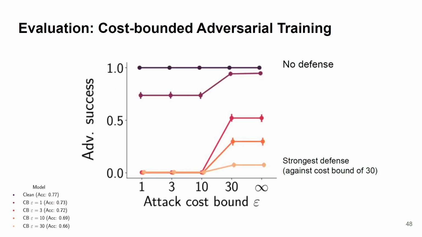For example, here you see that if you apply the defense with a maximal adversarial perturbation amplitude, which is $30 here, the model accuracy is 0.66, and that is what we call the robust baseline. This model is perfectly robust, but it achieves much worse accuracy than the clean model. And of course, if you are the defender, you need to define which point on the robustness-accuracy trade-off curve you need.